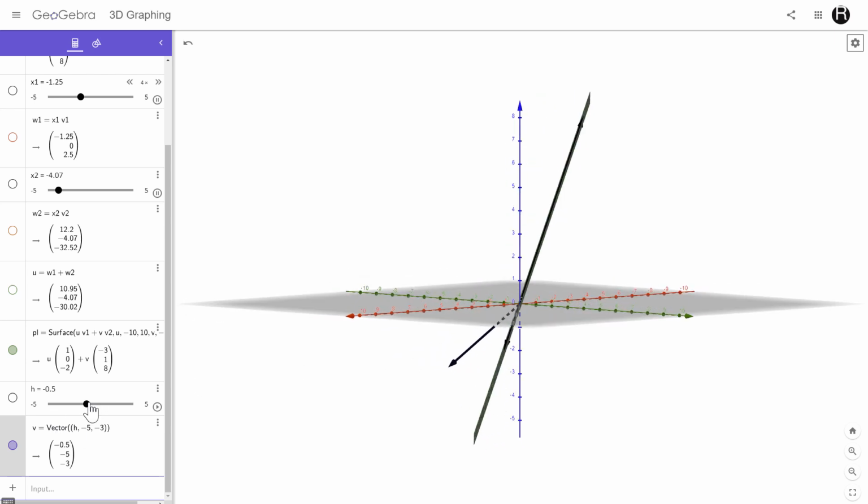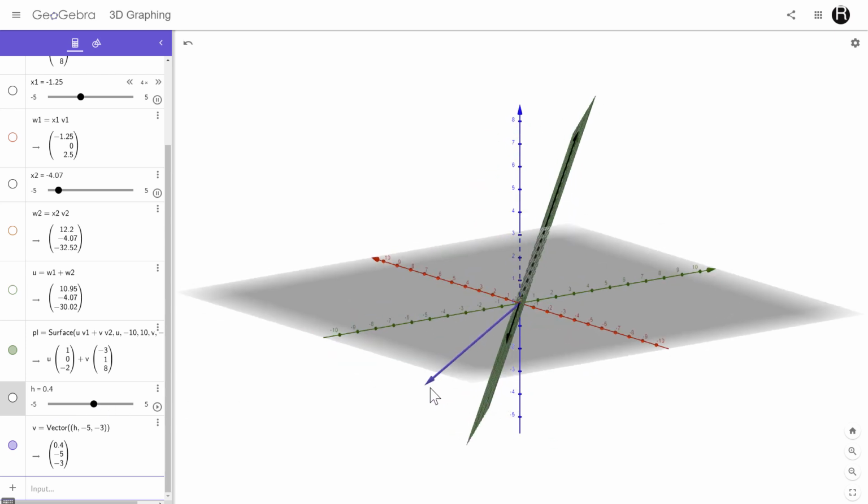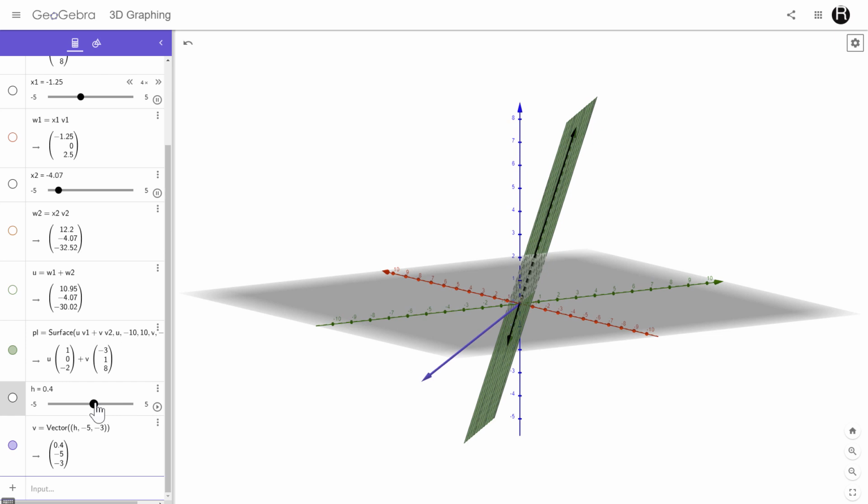So the question is, for what value of h is this vector going to be on the plane? If we take a look at it from many different angles, we can move the h value until somehow it gets to be on that plane.